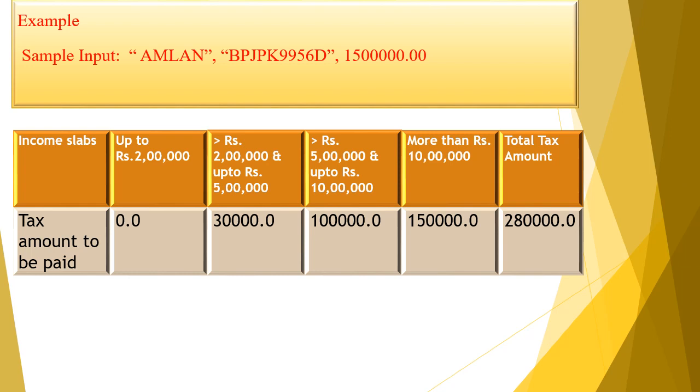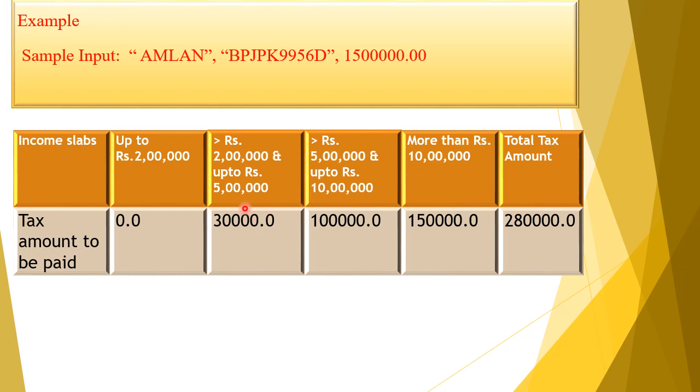For first 2 lakh rupees there is no tax, and from the range of income from 2 lakh to 5 lakh the tax is 10% of that amount, that is rupees 30,000, and for the income from 5 lakh to 10 lakh the tax is 20% of the amount from 5 lakh to 10 lakh, that is 20% of 5 lakh is rupees 1 lakh, and for more than rupees 10 lakh the tax rate is 30%.